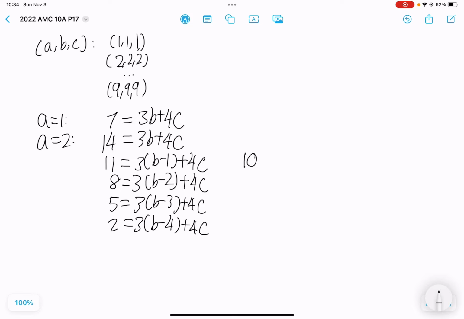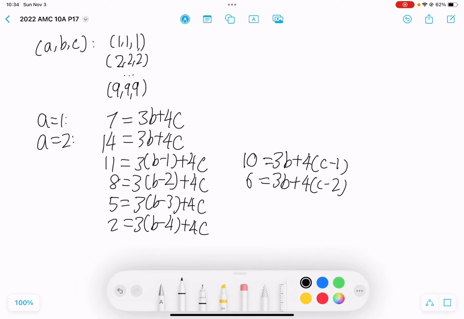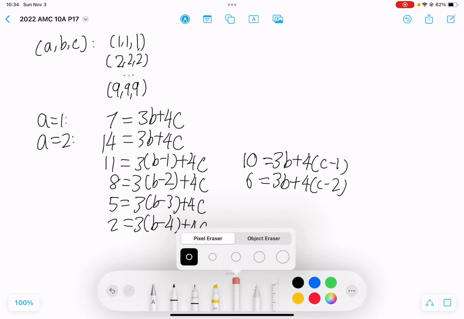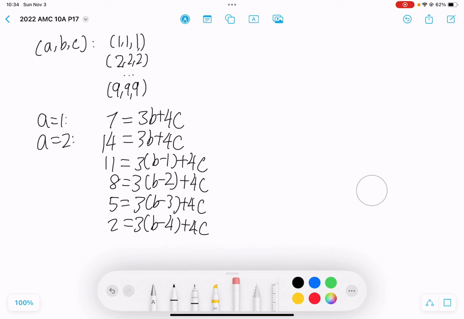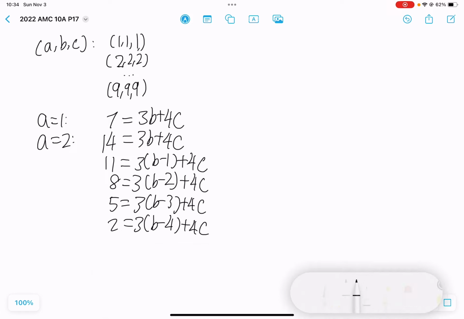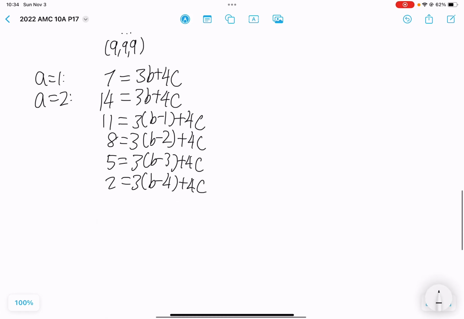So we have 10 equals 3b plus 4 times c minus 1. We have 6 equals 3b plus 4 times c minus 2. But notice that this is just the same thing, because if we find a solution of b, c over here, it's going to appear in the solution when we subtract 4 from the left hand side.